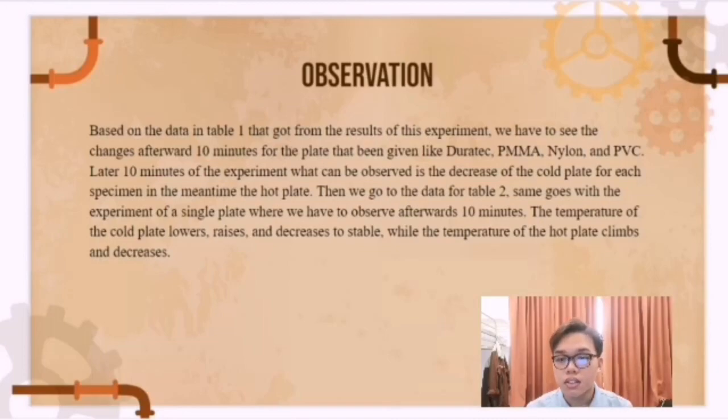Furthermore, there are 3 factors that may contribute to the result of the experiment for the single plate and multiple layers, where we need to combine 2 plates. The first factor is the gap between the plate and the heated plate. The second is the imperfection of the insulation of the equipment that we use.